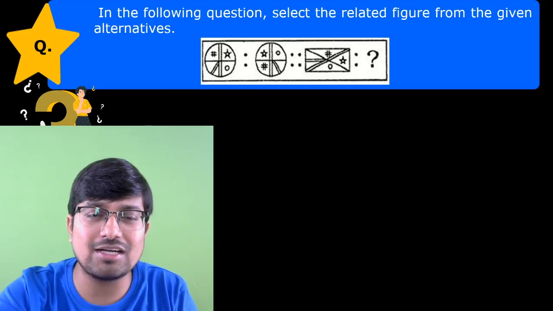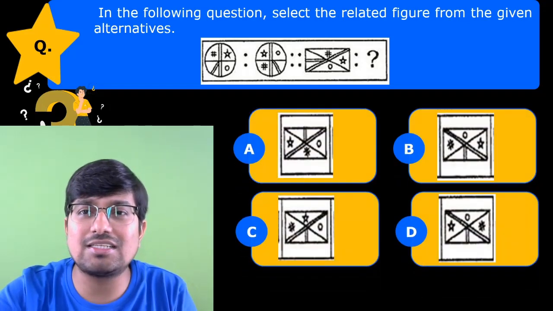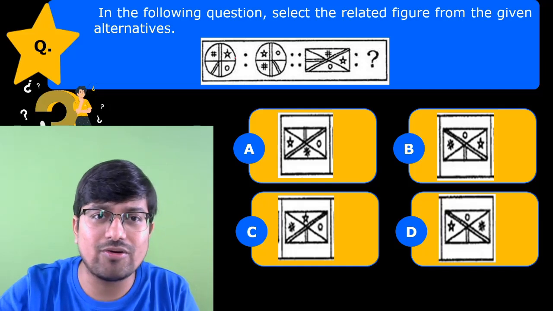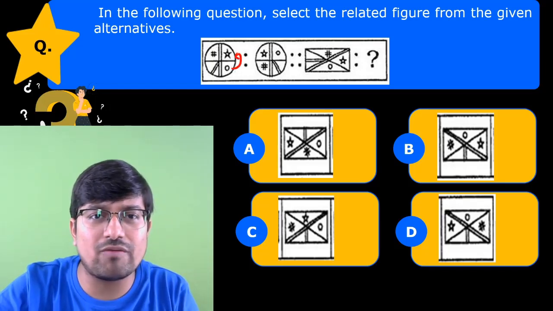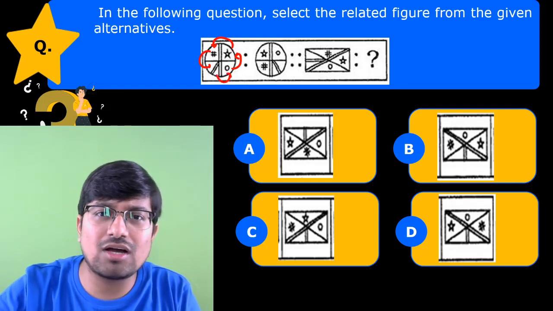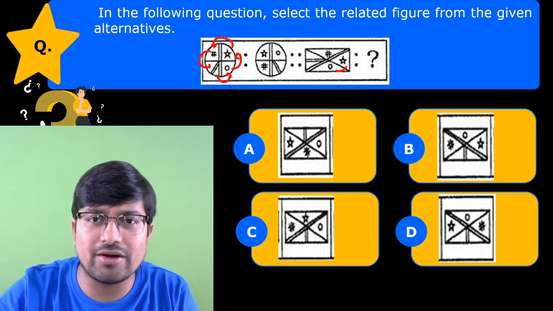Next. अब आपसे अगला सवाल ये पूछा जा रहा है that in the following question, select the related figure from the given alternatives. My dear students, आप यहाँ पे clearly observe कर सकते हो that they are moving anti-clockwise one step. ठीक है? तो इसी को अगर आप फॉलो करोगे, then what you will be getting? This circle will be coming over here.